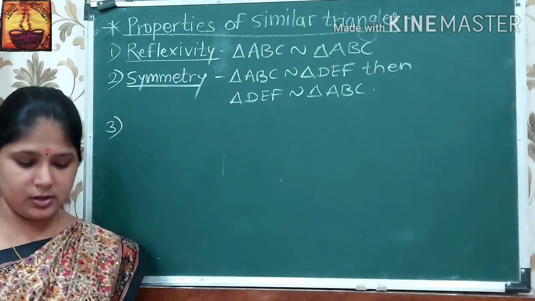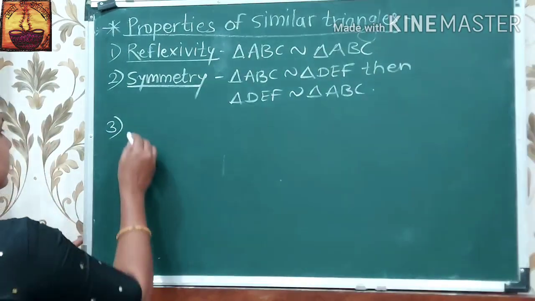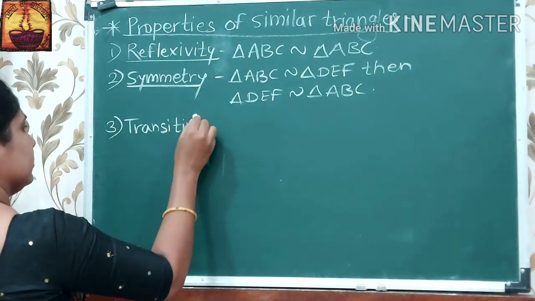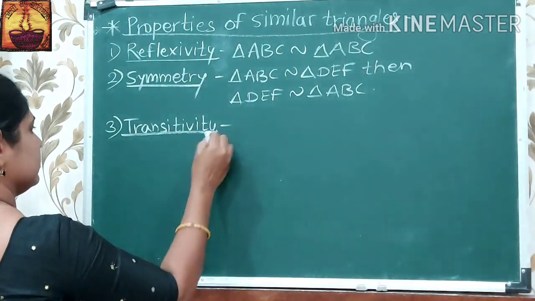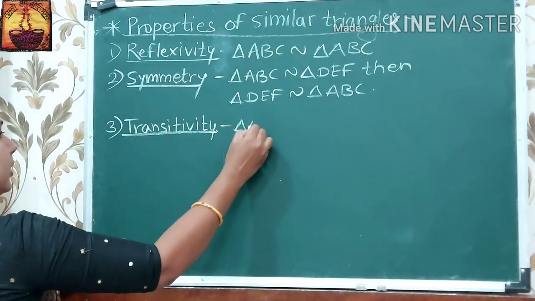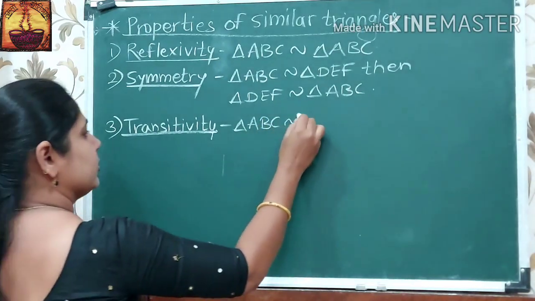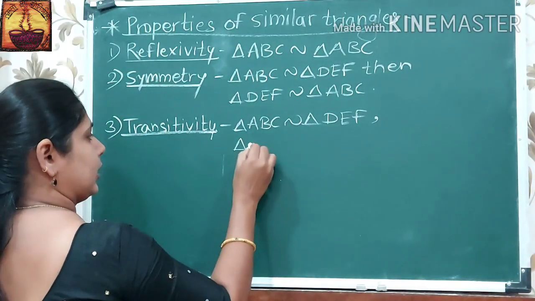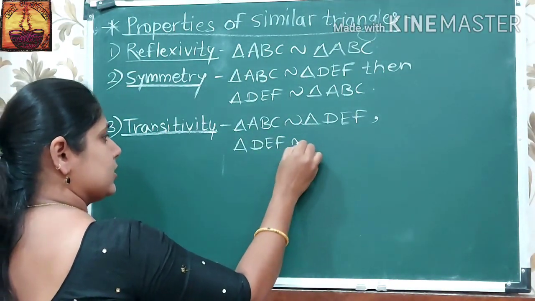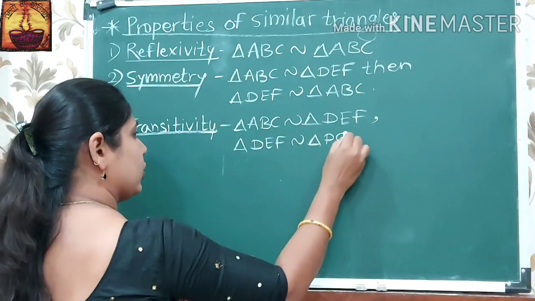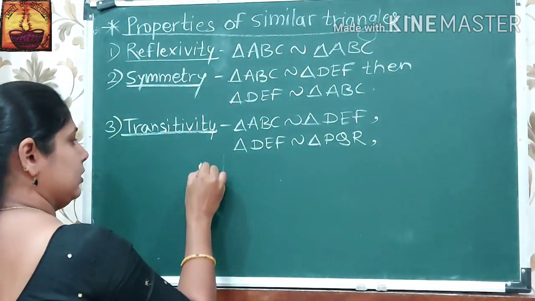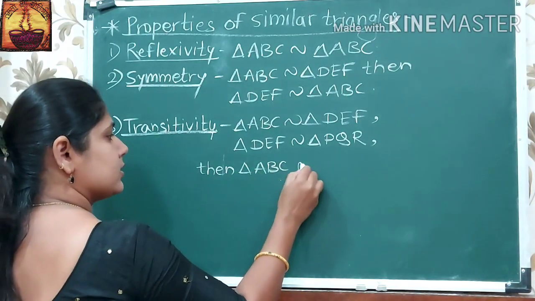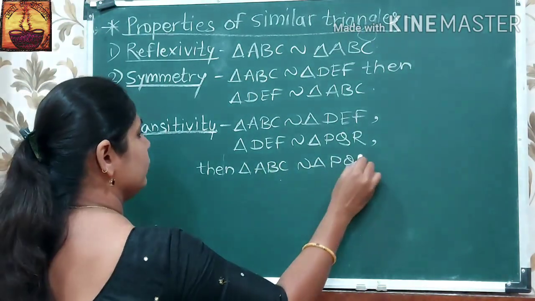Then third property is transitivity. If triangle ABC is similar to triangle DEF, triangle DEF is similar to triangle PQR, then triangle ABC is similar to triangle PQR.